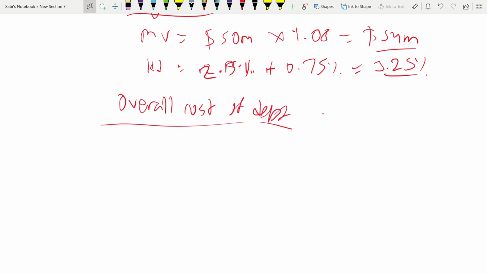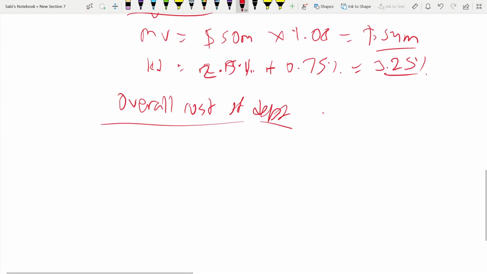What proportion is for the 2-year bond, and the other one is for the 10-year bond. Given the ratio of the market value, it is 1:2. That means one is for the 2-year bond and two is for the 10-year bond.